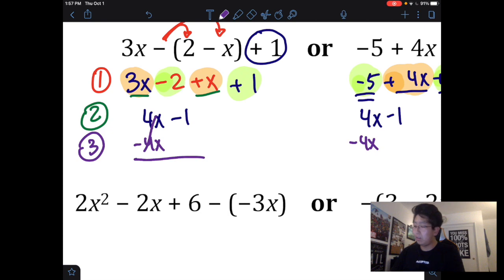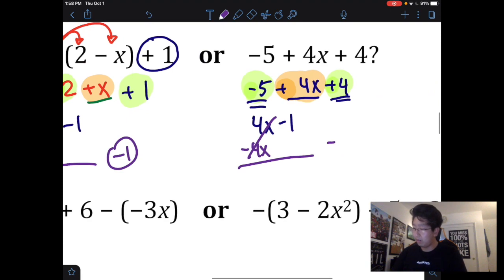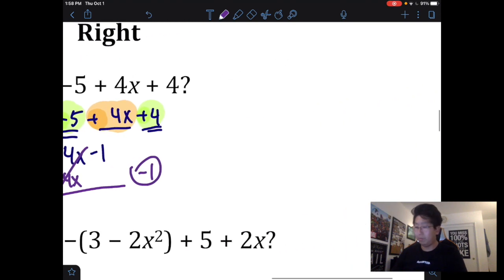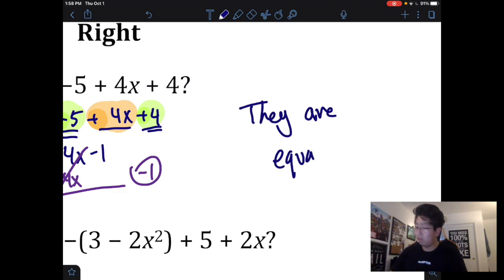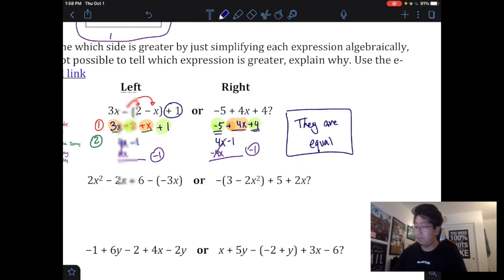And I hope you can already see that they're the same, right? 4x minus 1, 4x minus 1, they're the same. So I'm just going to write negative 1, negative 1. They are equal. All right, they're equal.